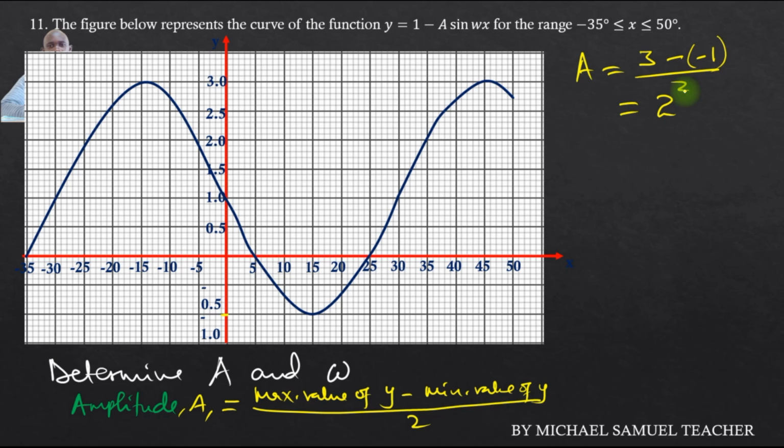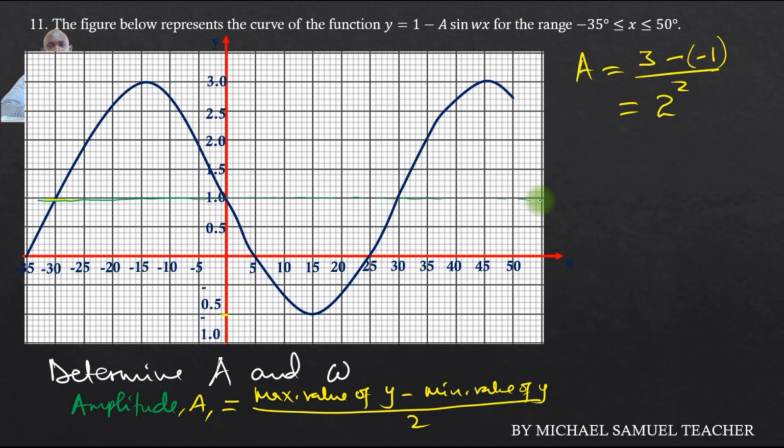So the amplitude is 2. That is the amplitude. In other words, that is the midway where the trigonometric curve is.